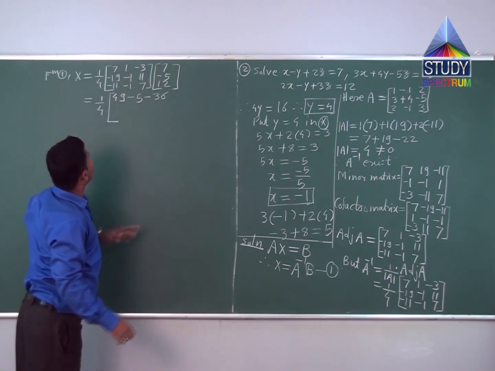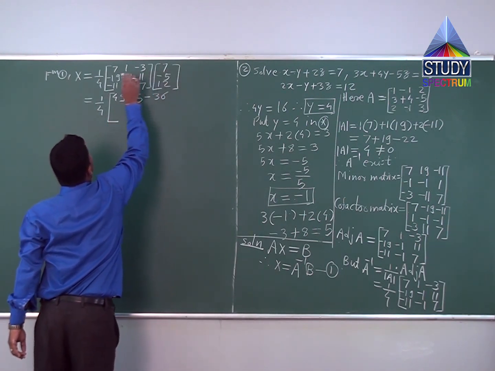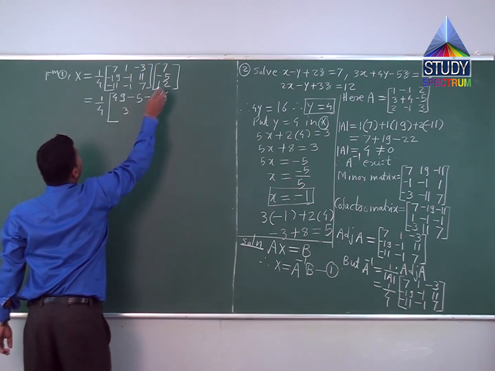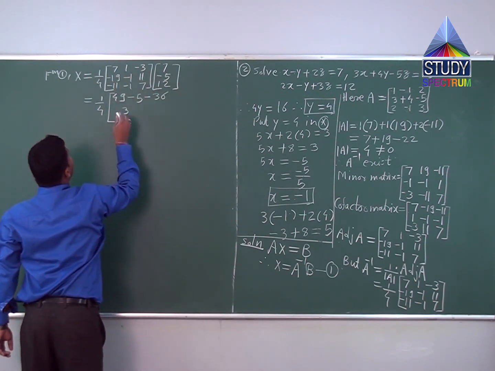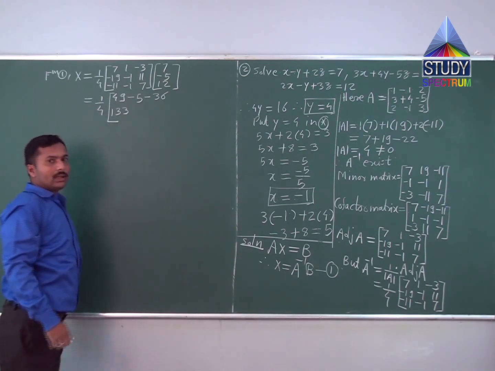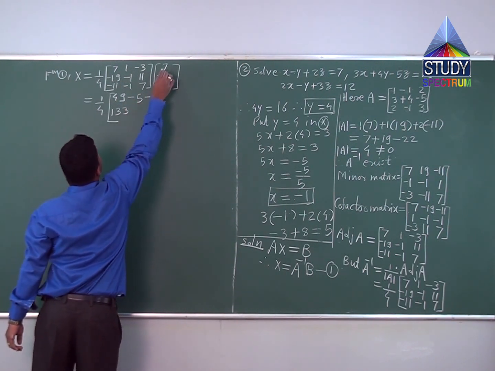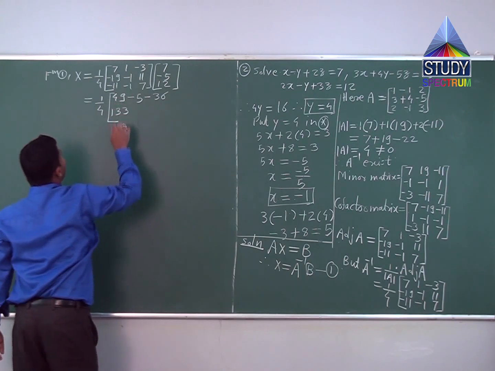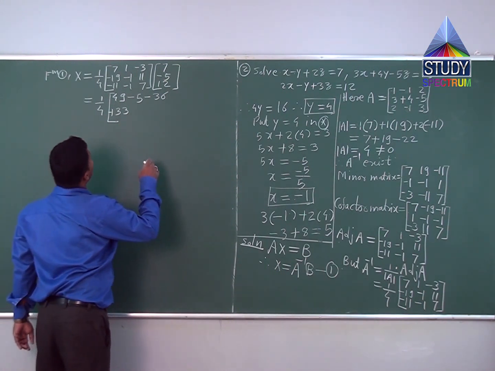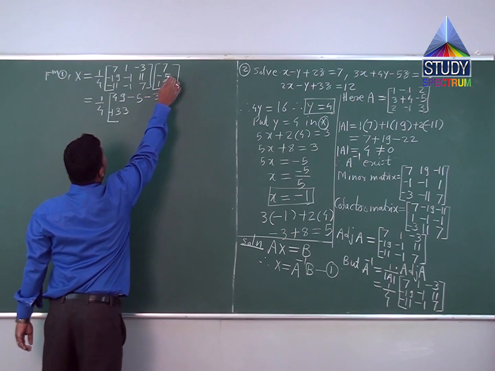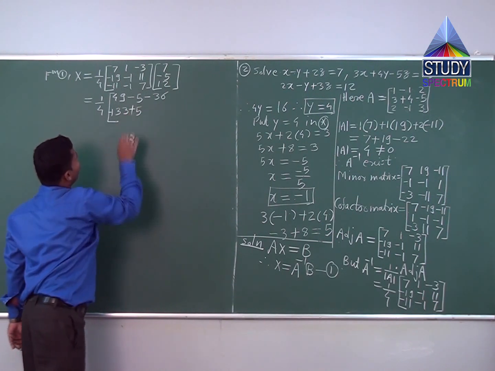Second row, first column: minus 19 into 7, 7 into 9 is 63, 7 into 1 is 7, 7 plus 6, 133. Again minus 1 into minus 5, plus 5.